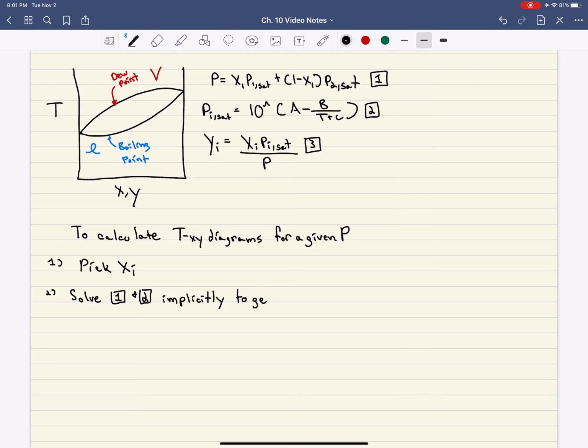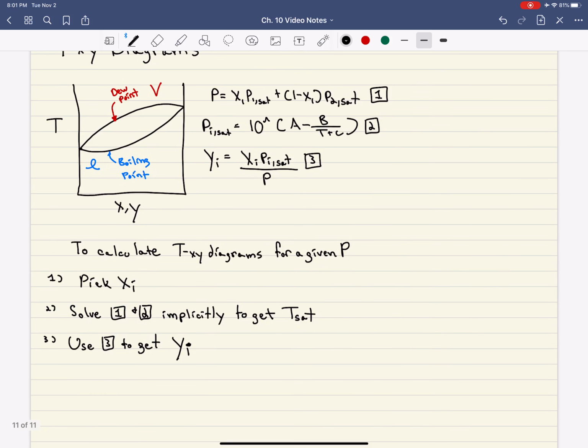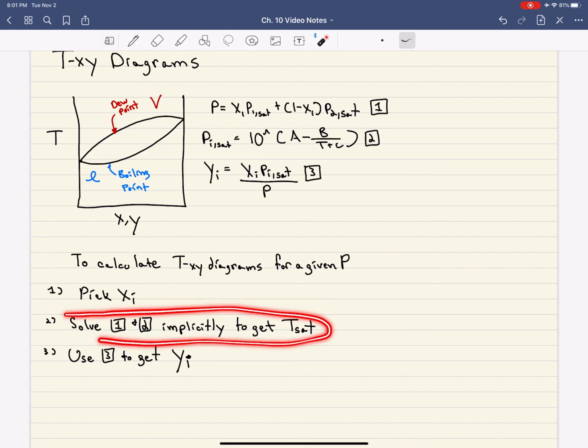You have to solve them implicitly to get the saturation temperature. And then once you have that saturation temperature, you can use equation 3 to get yi. So it's basically the same algorithm, but the only difference is that in step 2, you have to use a root finding sort of procedure.